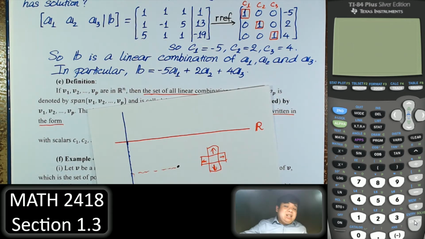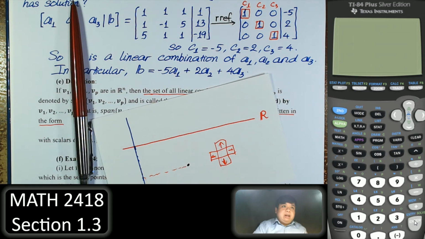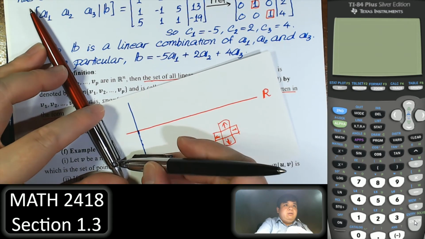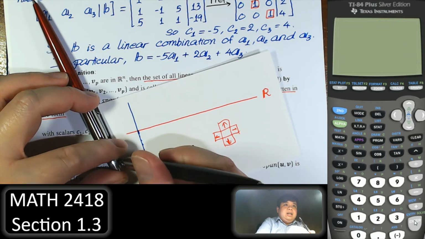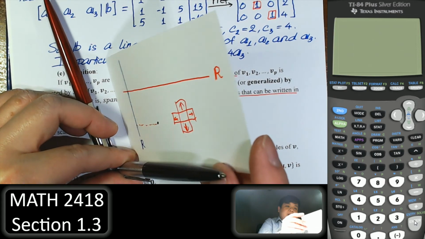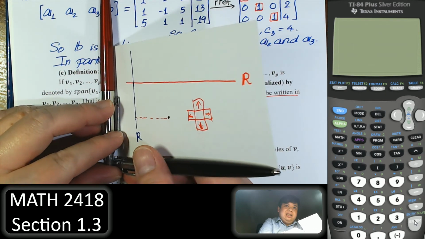Now I did say that we are three-dimensional creatures, right? Now let's say instead we use one vector in that direction and another vector in this direction. For example, in that case, what we generate is the plane in here, right?